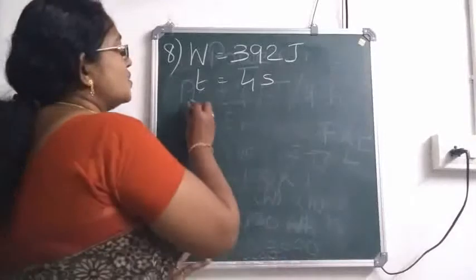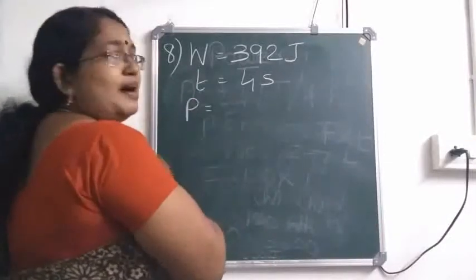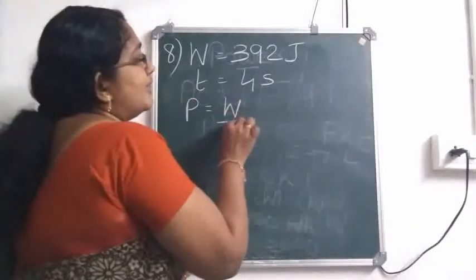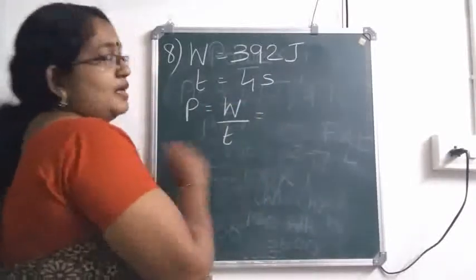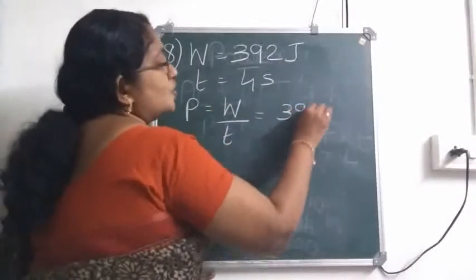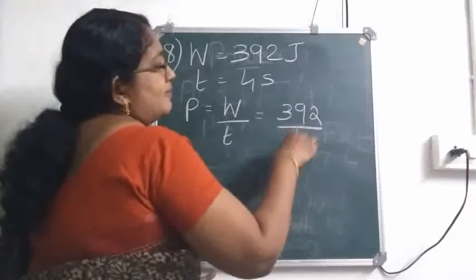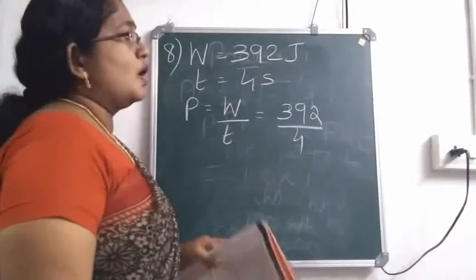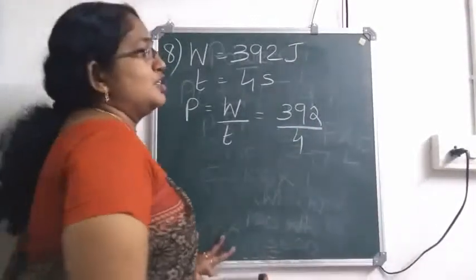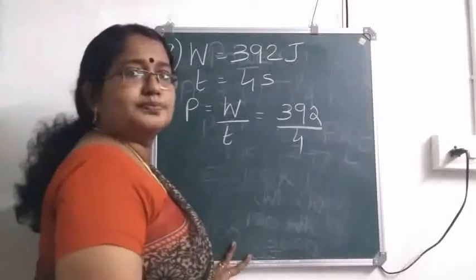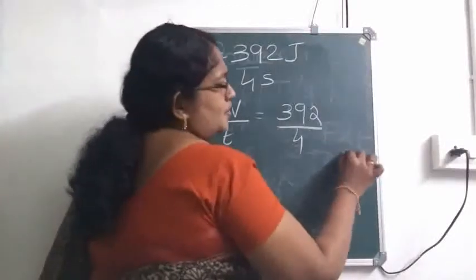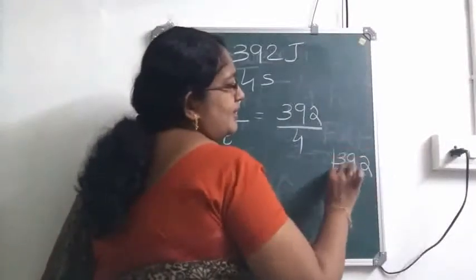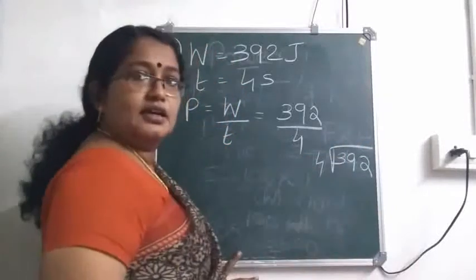What is the equation to calculate power? Power is equal to work by time. Work is 392, time is 4. So how much will be our answer? 392 divided by 4. So should I do the division directly? 392 divided by 4.